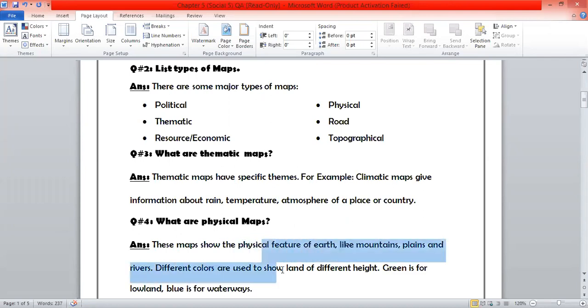Different colors are used to show land of different height. Green is for lowland and blue is for waterways. Means we have to show the river, the sea, the ocean, we use the blue color. And green is for lowland in the physical maps, because green is also related with the cultivation.